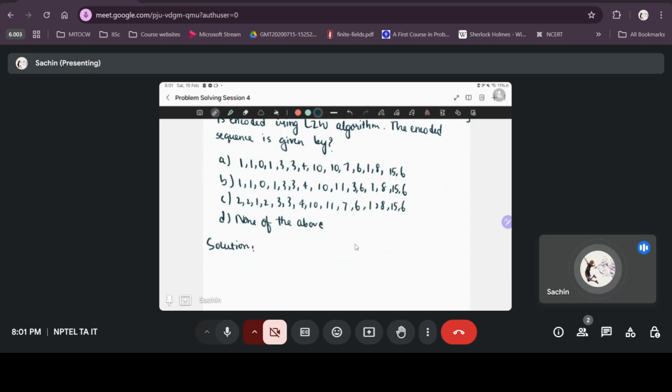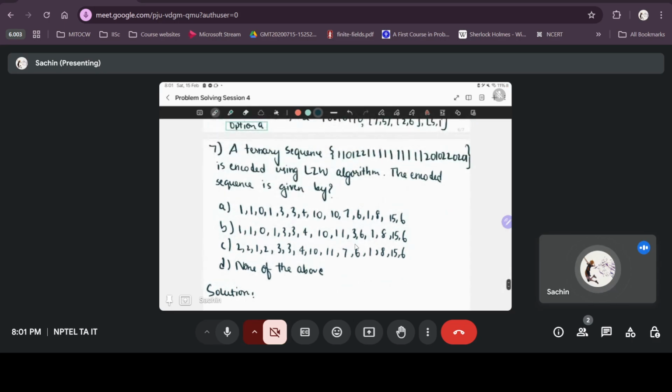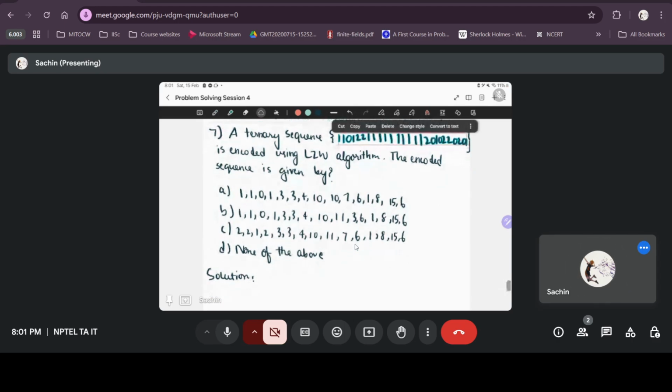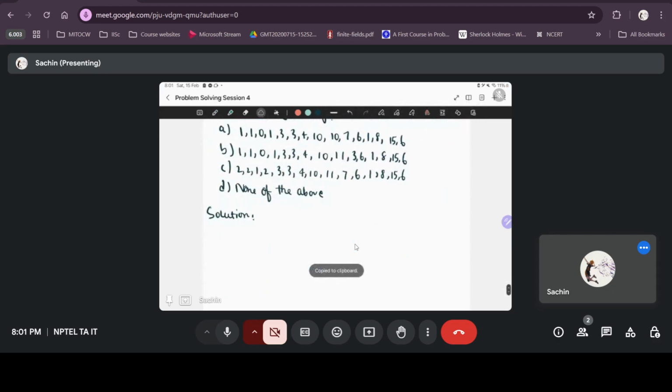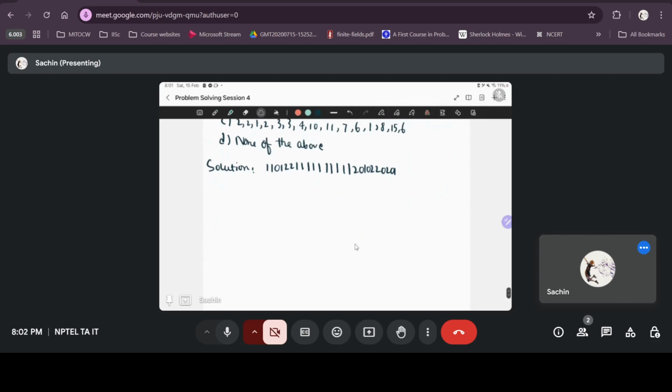The LZW algorithm goes as follows. You have your sequence. You have to write down the phrase and the index.